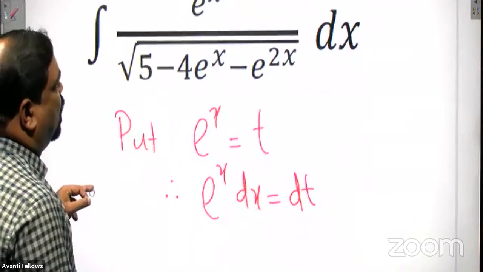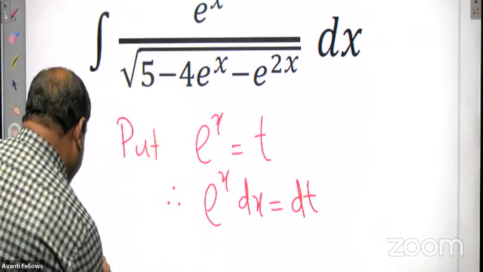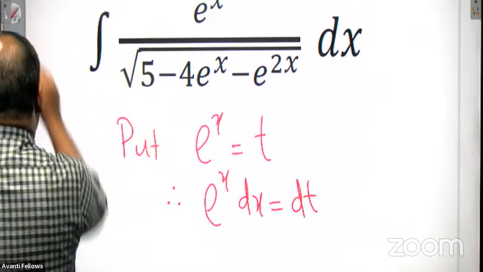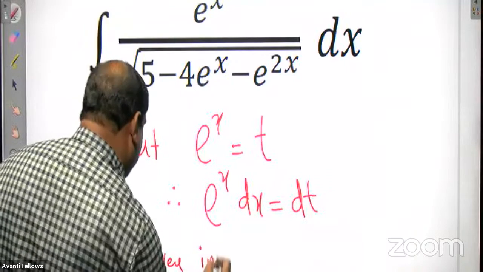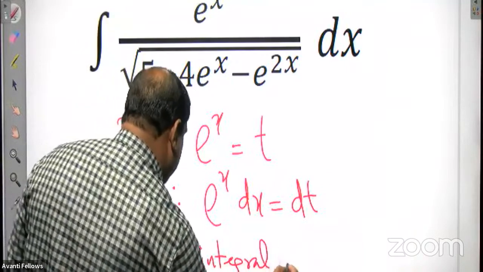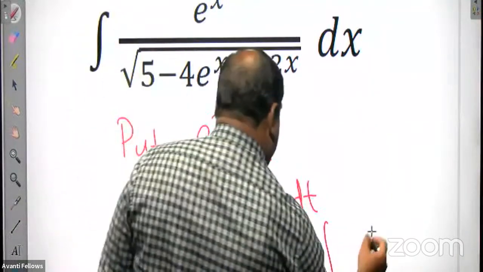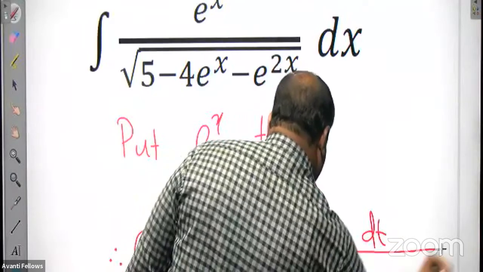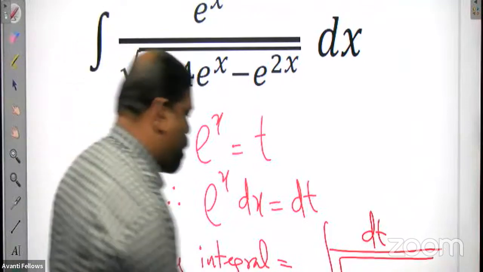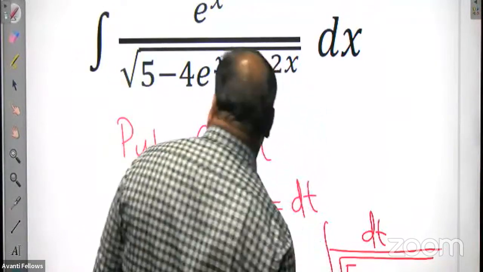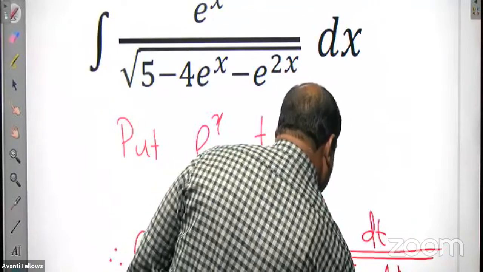Therefore, the given integral reduces to integral dt divided by root of 5 minus 4t, sorry, e raised to x is taken as t.